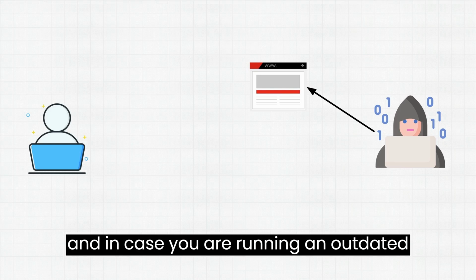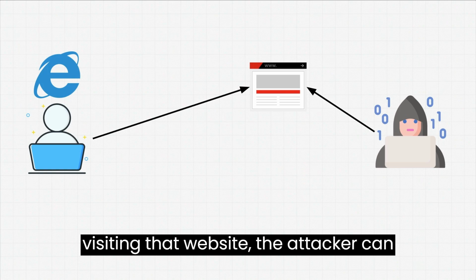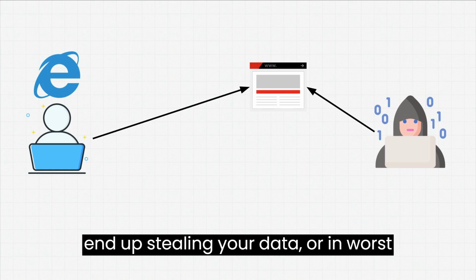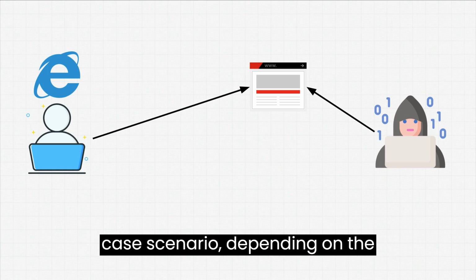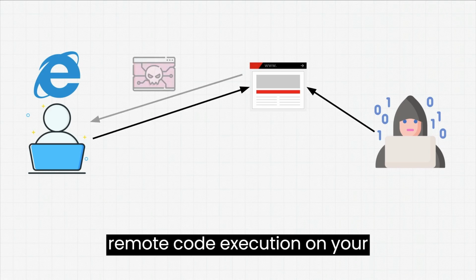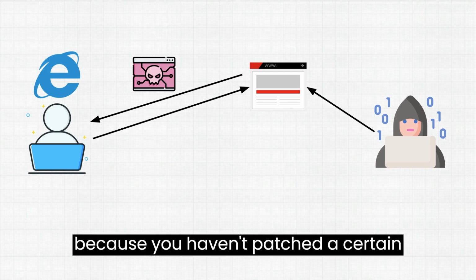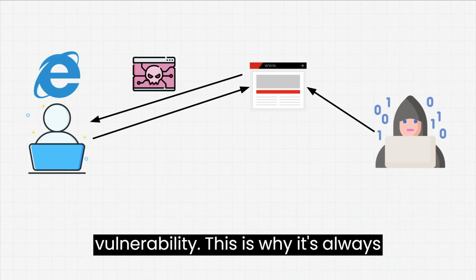And in case you are running an outdated version of some browser and you end up visiting that website, the attacker can end up stealing your data, or in the worst case scenario, depending on the vulnerability, they can even run remote code execution on your PC. And all of that just because you haven't patched a certain vulnerability.